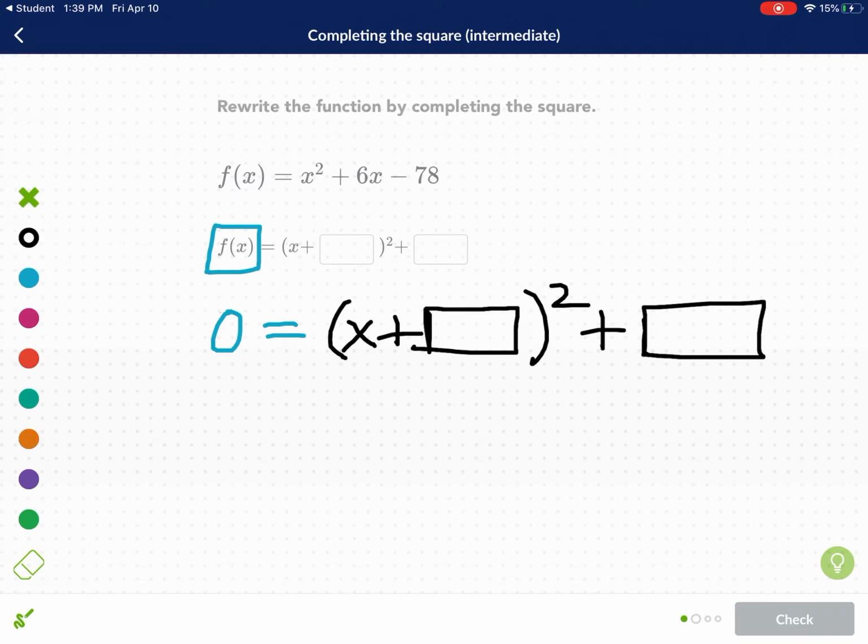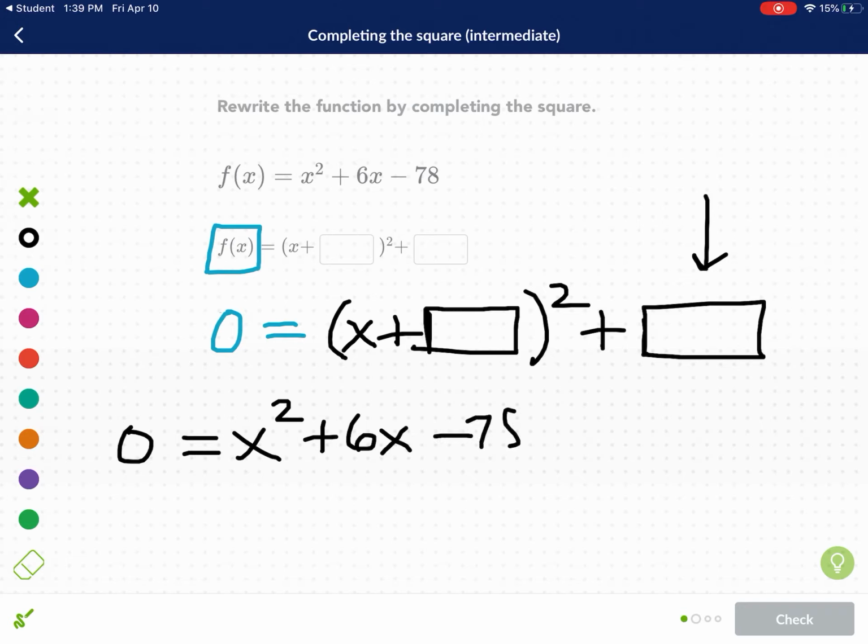Now technically when we do completing the square, this portion is on the other side. So if you'd like to go ahead and move it to the other side, you can. Or we can tackle this problem and then adjust where everything should go, which might actually be the better method. So first, we want to add 78 to the other side.